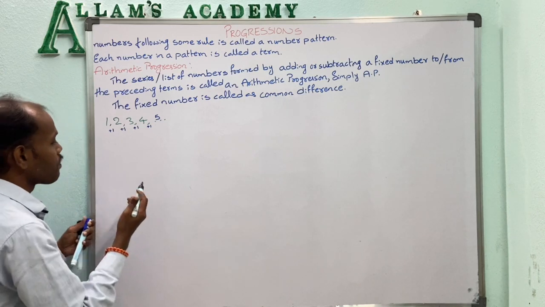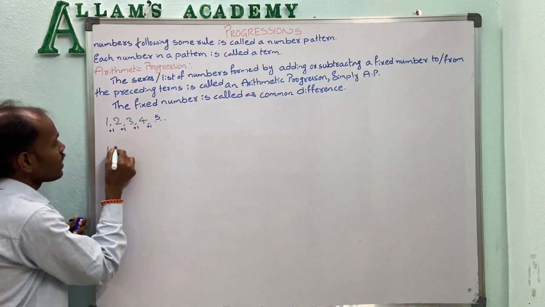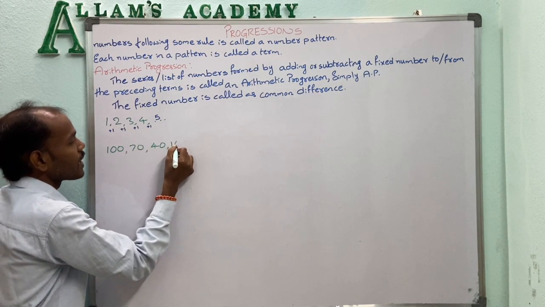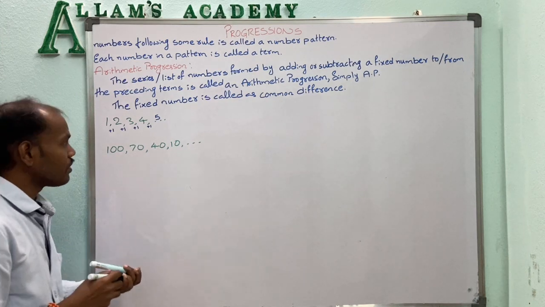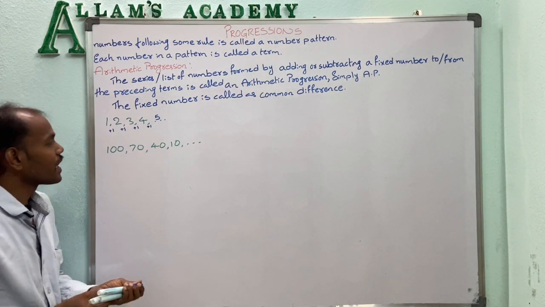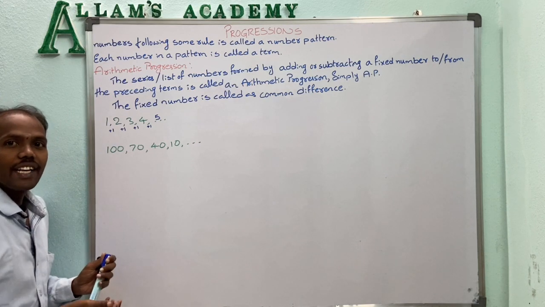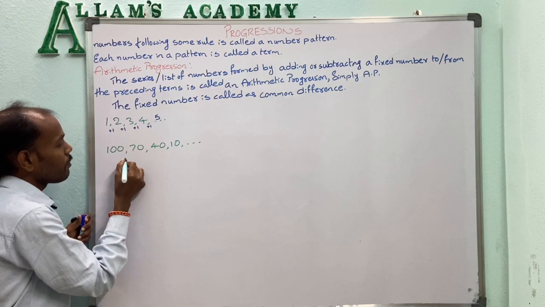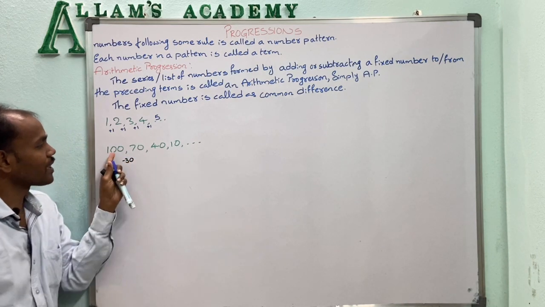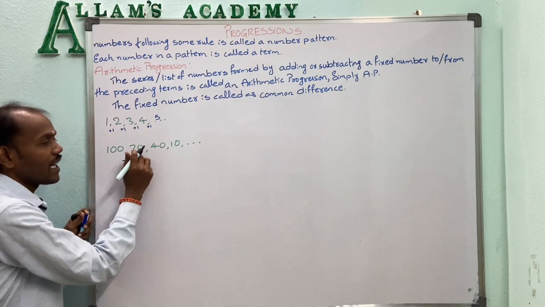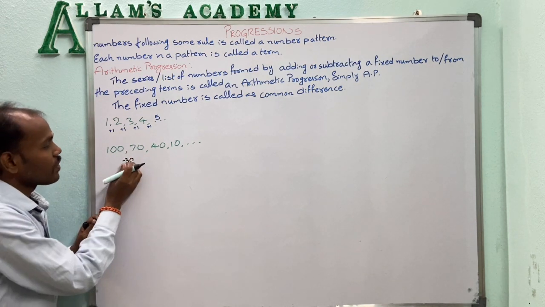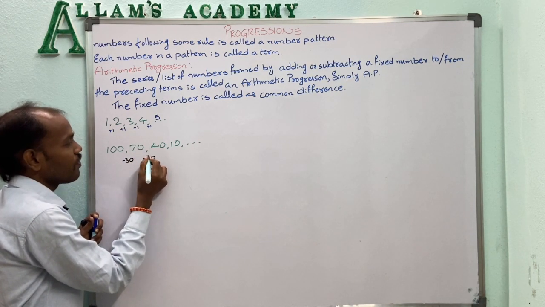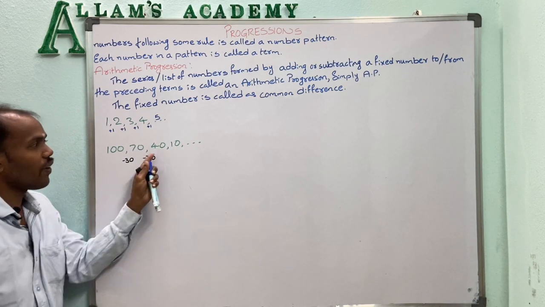Similarly, let us observe another series: 100, 70, 40, 10, and so on. In this series, the first number is 100, and if we subtract the fixed number 30 from it, we get 70. Subtracting 30 again from the second number gives the third number 40.